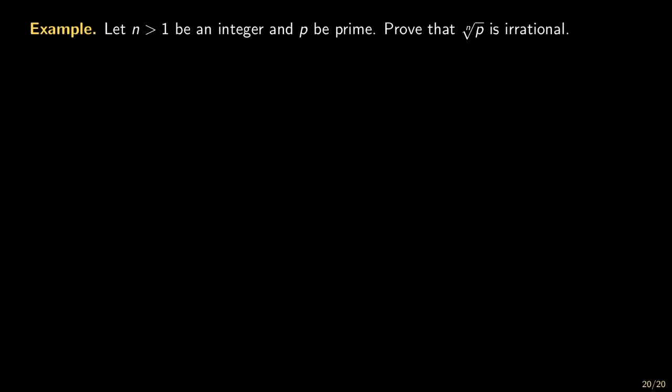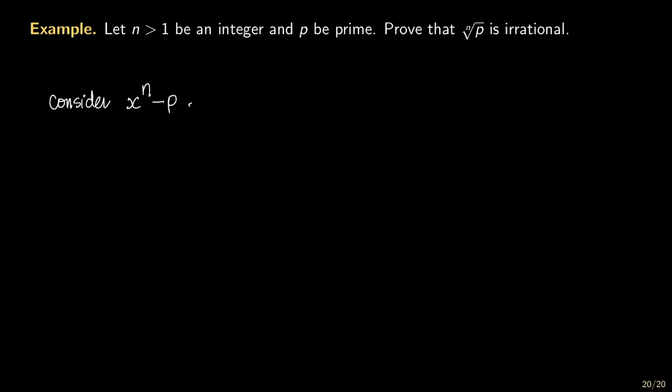Last example: let n be greater than 1 and p be a prime number. Prove that the nth root of p is always irrational. How do you proceed? The hint is to consider the polynomial x to the n minus p.